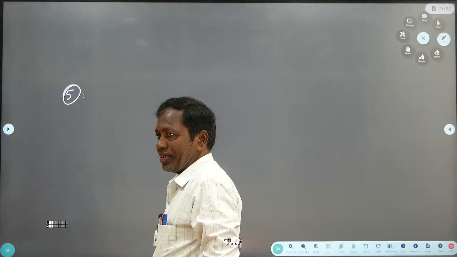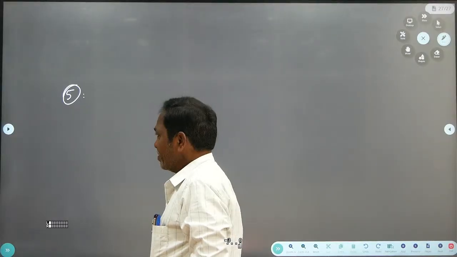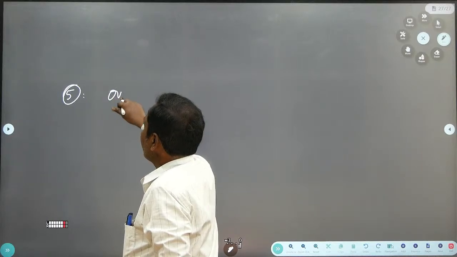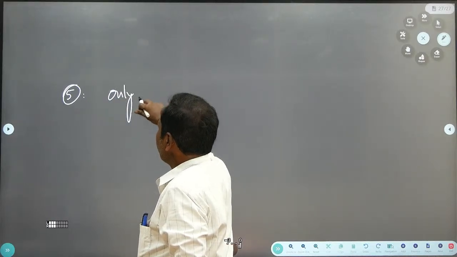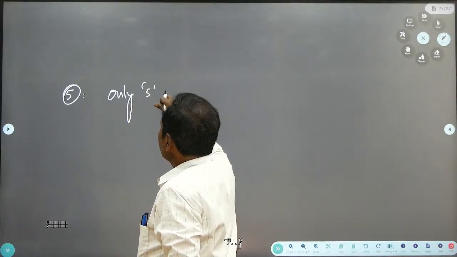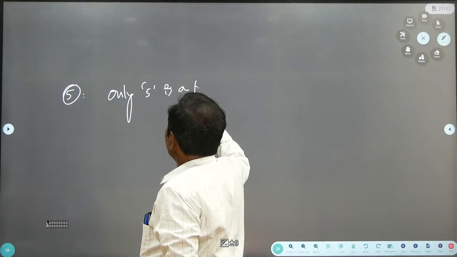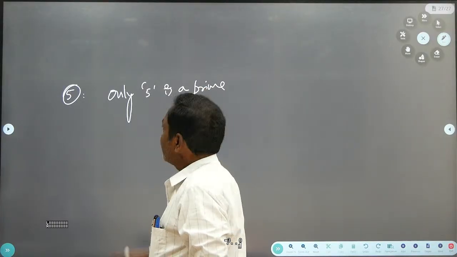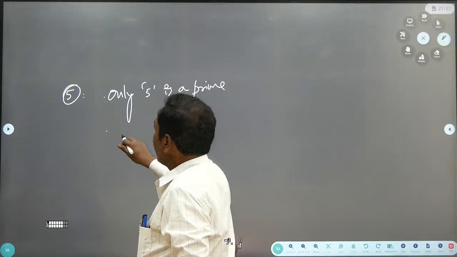Every multiple of 5 is not a prime number. Yes. So only 5 is a prime. This is okay.